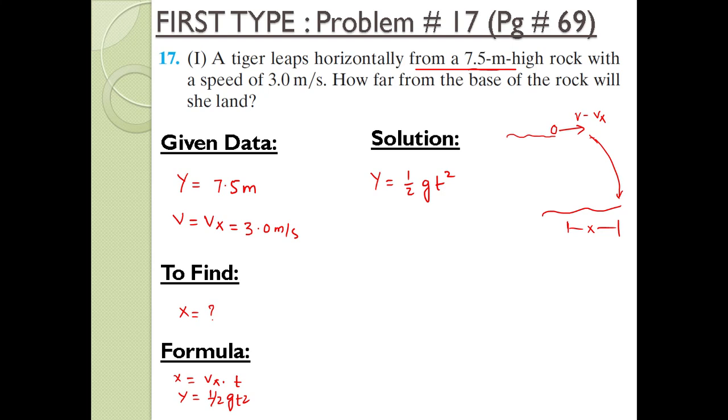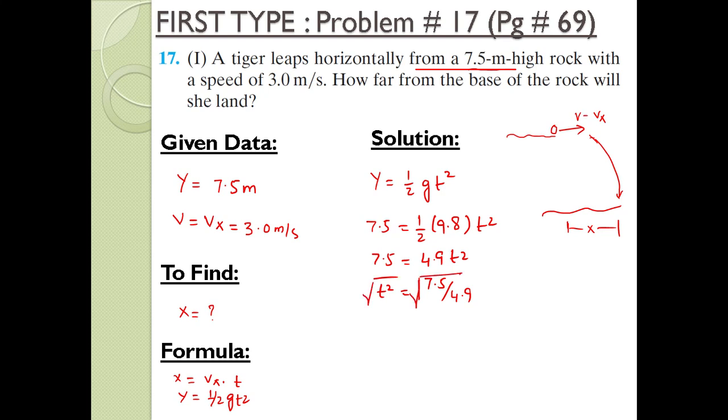So y is equal to 7.5 meters, half into 9.8 t square. So I can say 7.5 is equal to 4.9 t square. So t square is equal to 7.5 over 4.9, and then to remove the square I will take the square root.